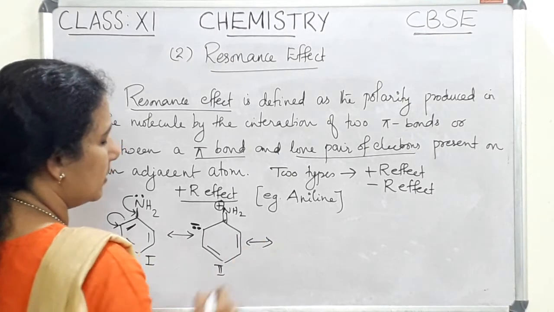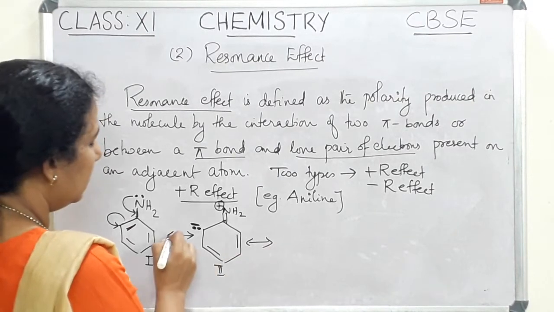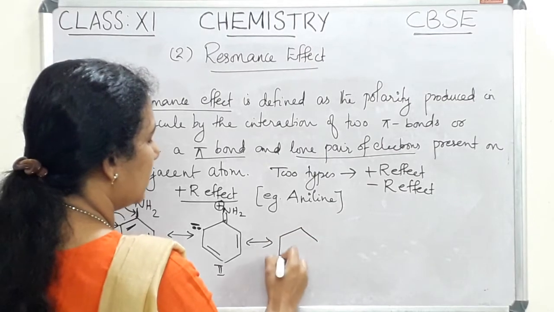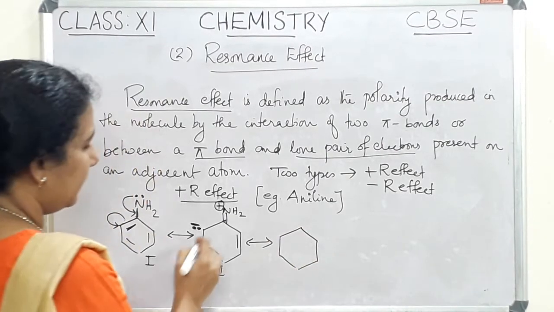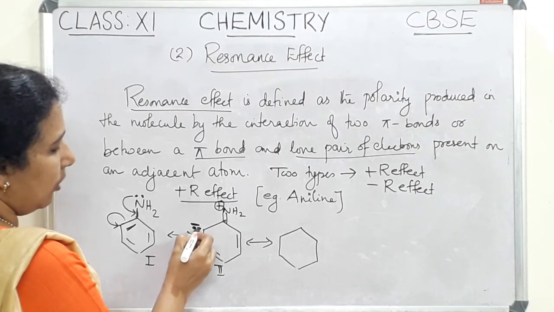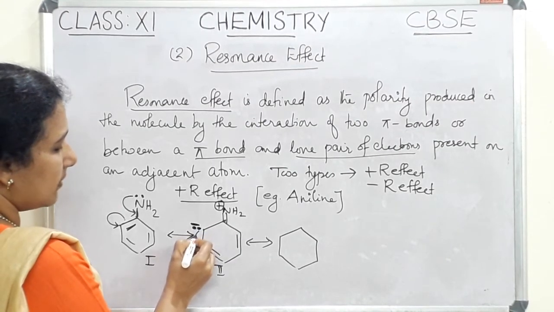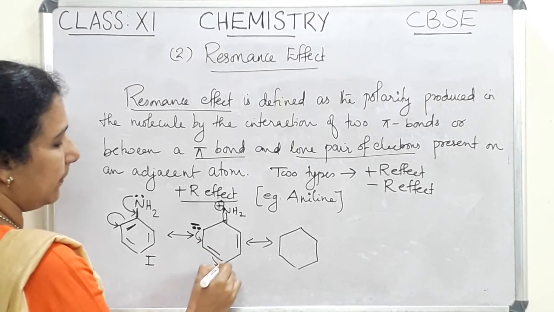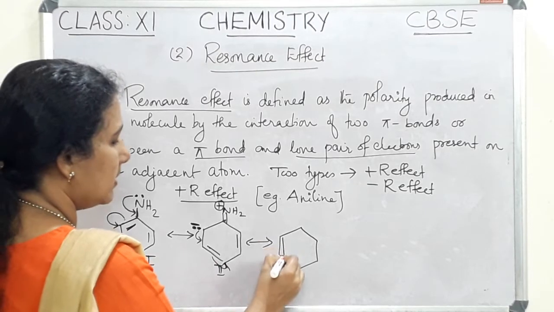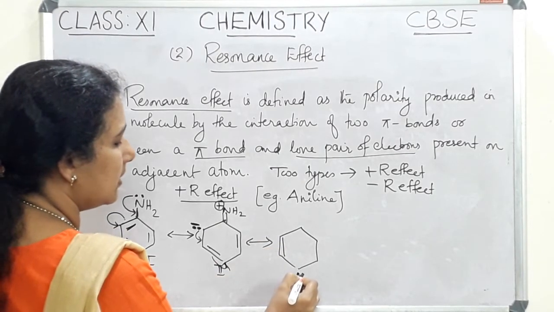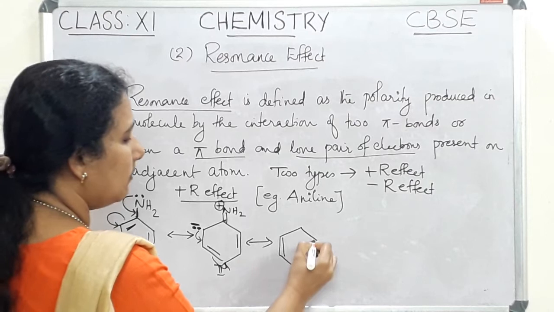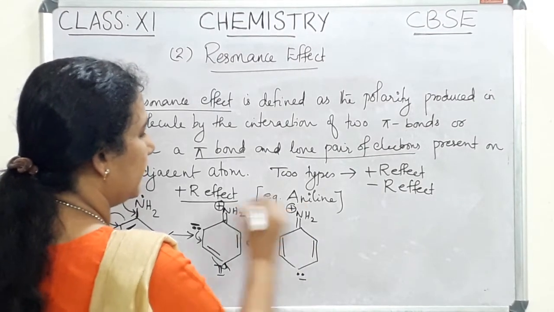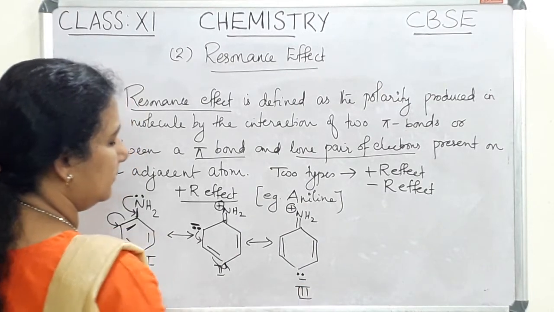Then we will draw this double-headed arrow in between resonating structures. The third structure is, this lone pair becomes a bond pair and this bond pair becomes a lone pair. So here there is a bond and here there is a lone pair and the other bond is the same. This part is also the same. So this is the third structure.